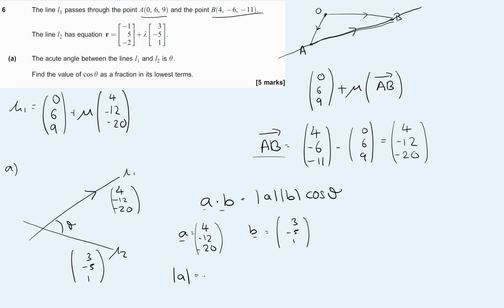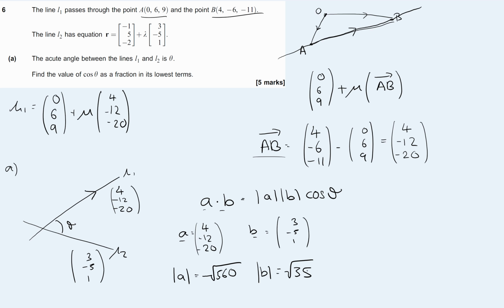So the magnitude of this one is root 560. Okay, the second one, I'll just do a little bit faster. So I've got 3 squared, 5 squared, and 1 squared. So 9 plus 25 plus 1, which gives me 35. So root 35 is the magnitude there.